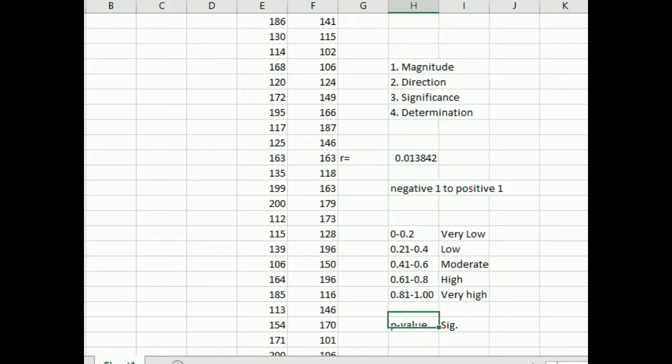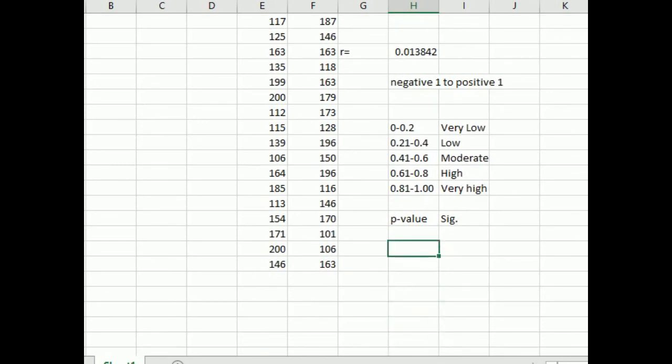The coefficient of determination is merely R square. R square is just the square of your R over here. So if you have the R at 0.01, you just have to square it. Just multiply it by itself or raise to 2.